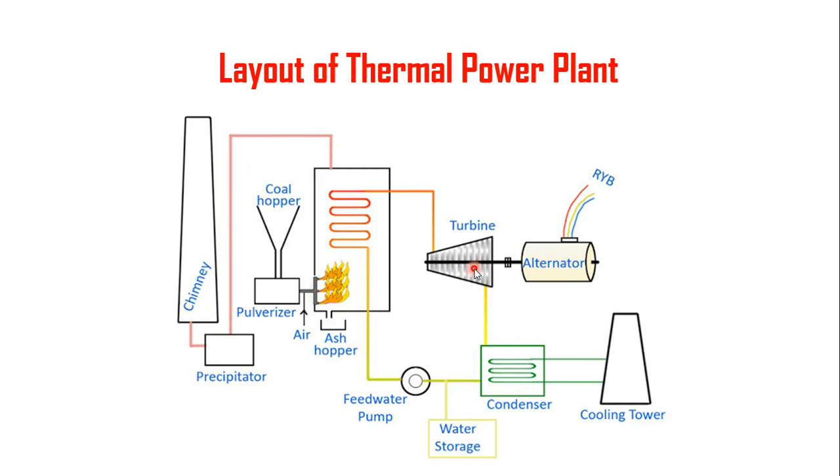Thus, a thermal power station may sometimes be called a steam power station. After the steam passes through the turbine, it is condensed in the condenser and again fed back to the boiler to become steam. In this video lecture, I explain how electricity is generated in thermal power plants.